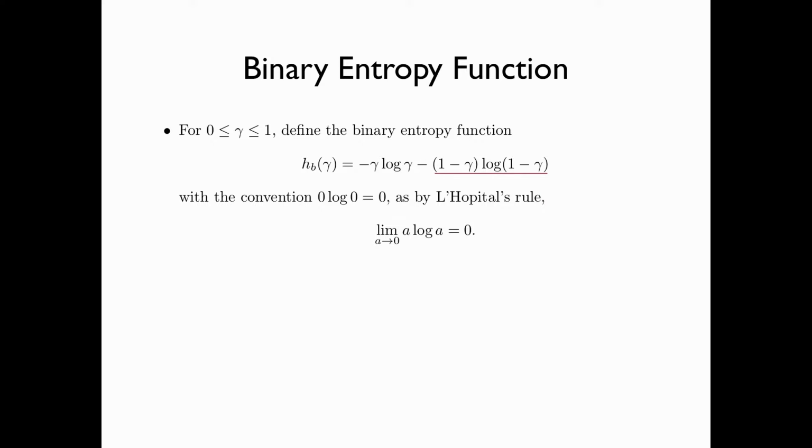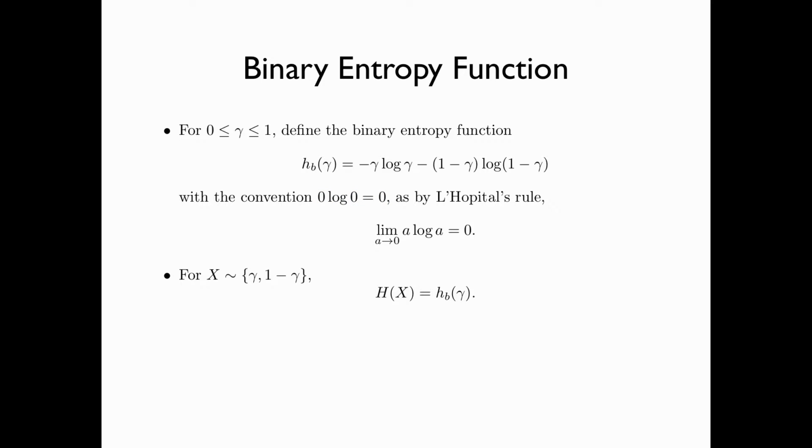Likewise, when gamma is equal to 1, we have (1 minus gamma) log (1 minus gamma) equals 0 log 0, which also is undefined. So we take the convention that 0 log 0 is equal to 0, and this is justified because by L'Hopital's rule, a log a tends to 0 as a tends to 0.